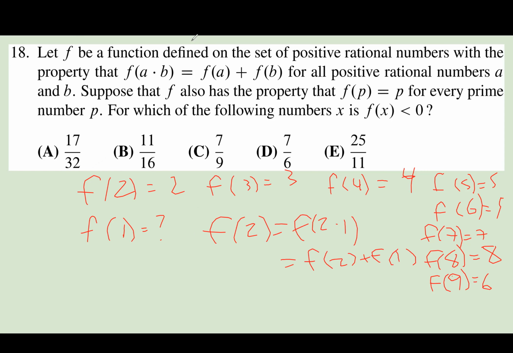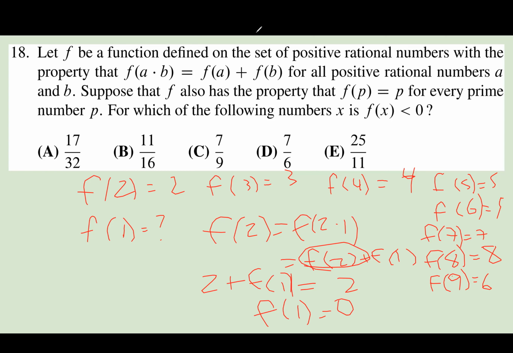But f of 2 equals 2. So 2 plus f of 1 equals 2, which means f of 1 must equal 0, right? So basically the key observation here is the fact that f of 1 equals 0.